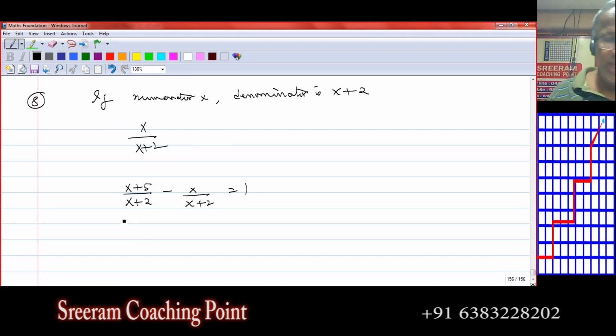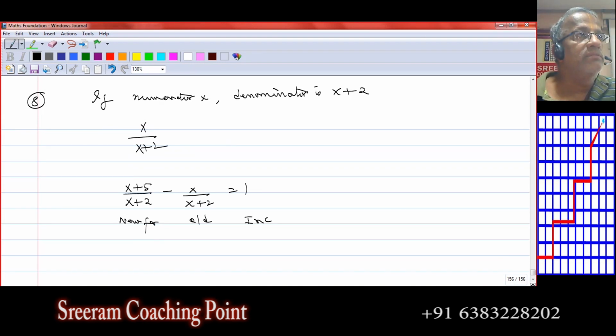This is the new fraction, this is the old fraction, this is the increase. Am I right? Say yes or no. By adding 5 to the numerator, it increases by unity is what they have mentioned.